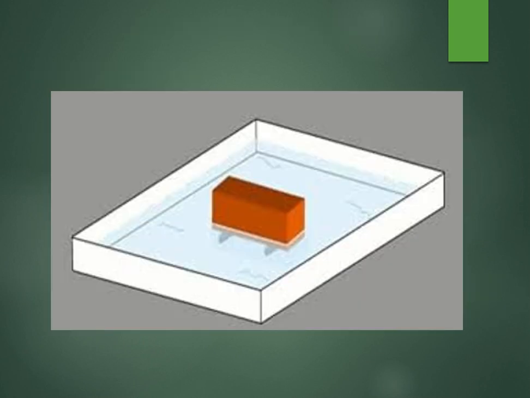I have a glass tray and I've placed a brick into it, and now pour water into the tray such that the depth to which the brick is immersed in the water is just 25 mm, meaning the water level from the base of the brick should be only around 2.5 centimeters. So pour water only up to 2.5 centimeters depth.